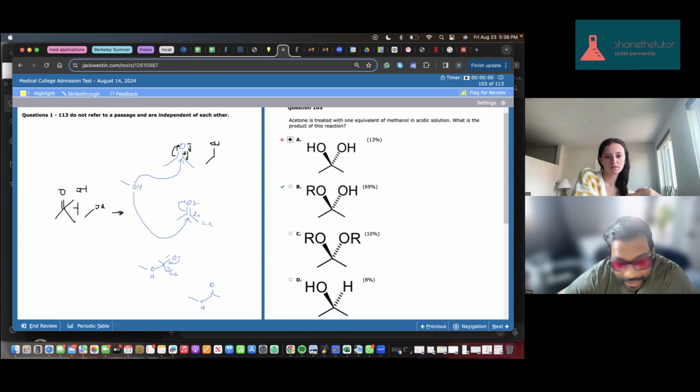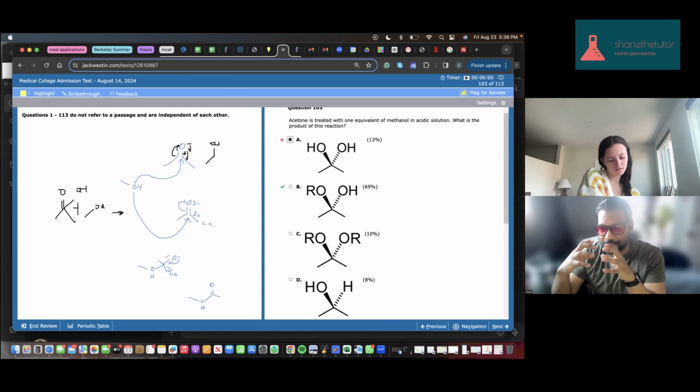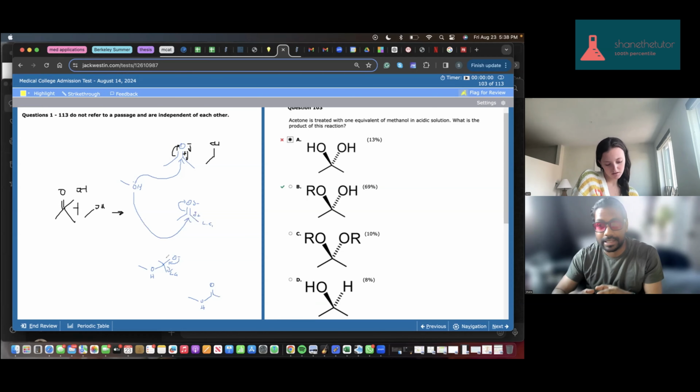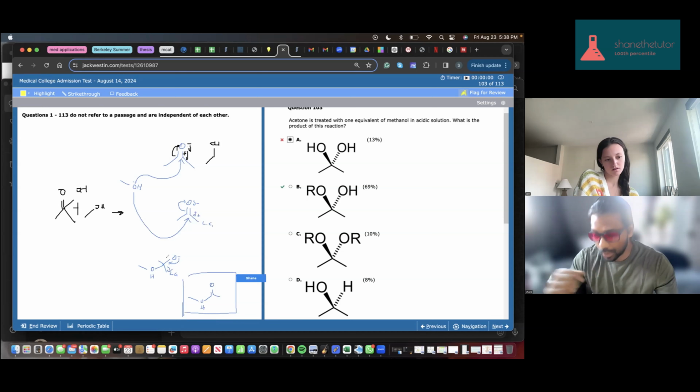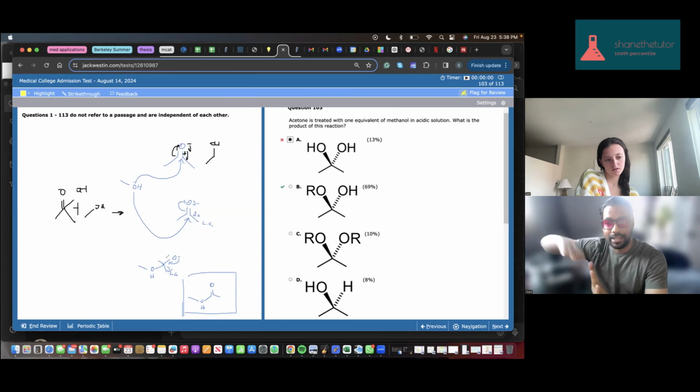It doesn't want to be like that. In general, if you concentrate a charge at a specific region, it's not stable. But if you can spread that charge, it's more stable. So it's going to come back to reform the double bond, but this time it'll kick off the leaving group. And then you would have your product, which is nucleophile added to that electrophile, minus the leaving group.